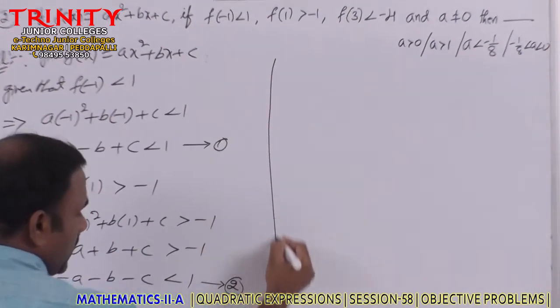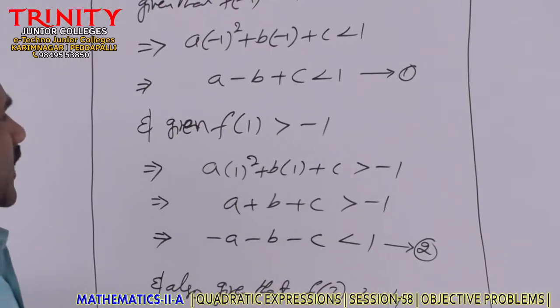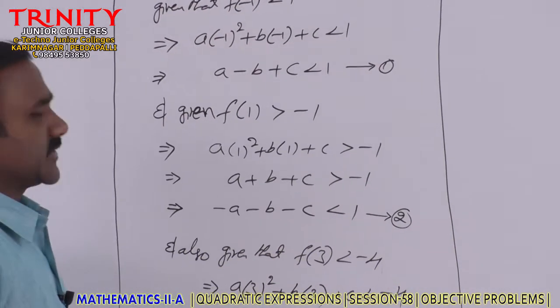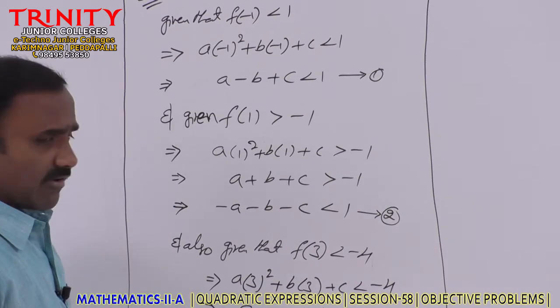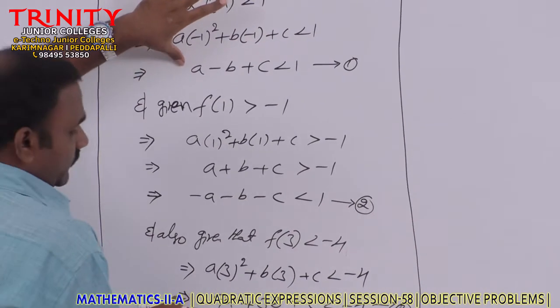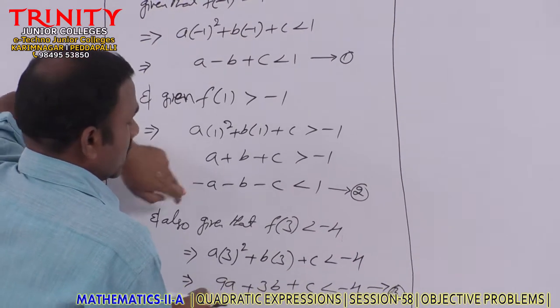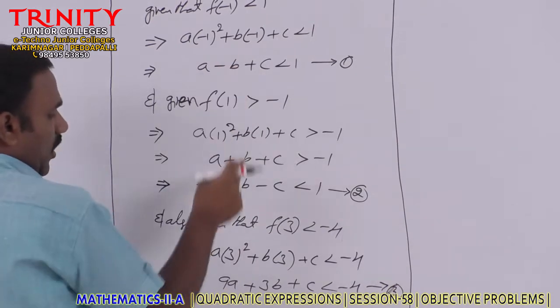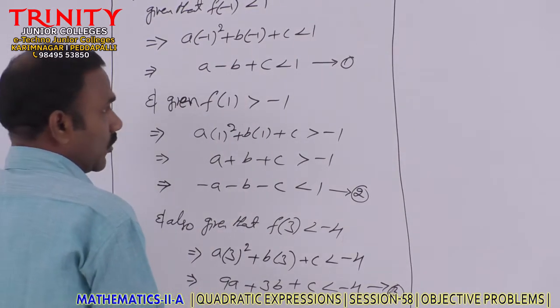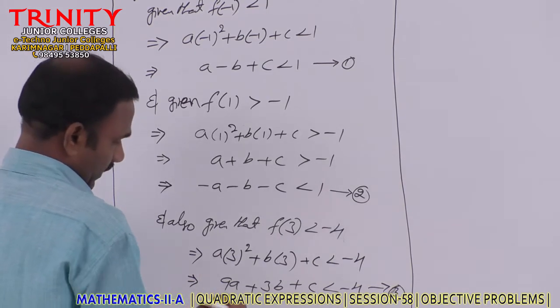Now solve these three inequations, eliminating either b or c, but we have to get the value of a. I am solving 1 and 3 and then after 2 and 3. I want to eliminate the value of b.